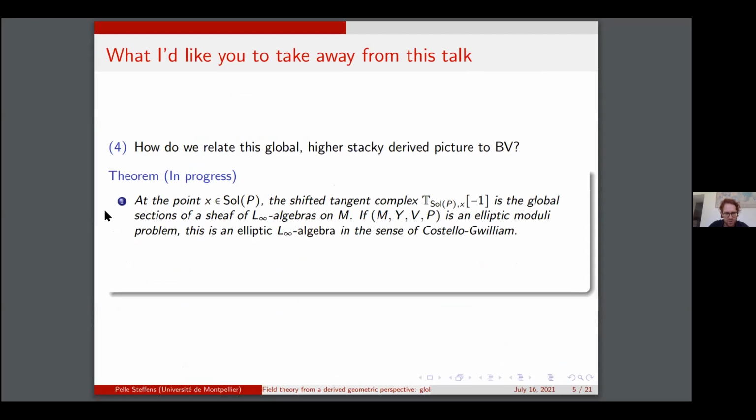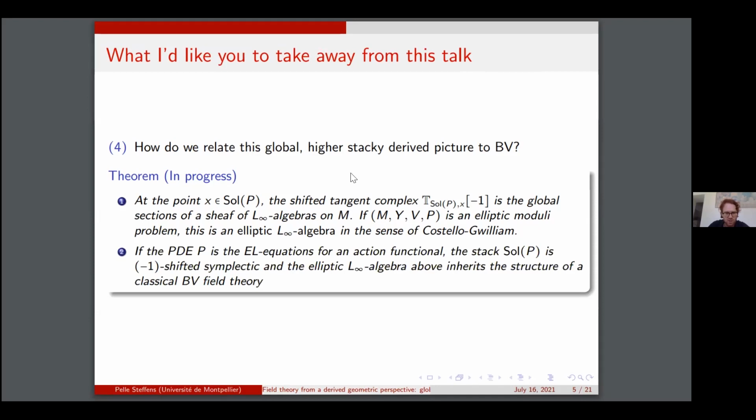Because if you think about what BV field theory is, it is essentially taking this construction, but forgetting you had a global picture there, and only looking at the formal completion at a given solution, which is then controlled by this shifted tangent complex. So this, by formal nonsense, gets equipped with a Lie algebra structure. And this is a DG Lie algebra structure, and these are precisely the elliptic L-infinity algebras that Costello and Gwilliam study.